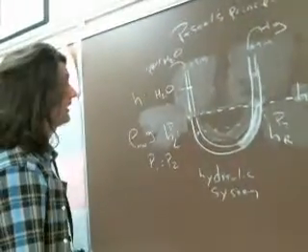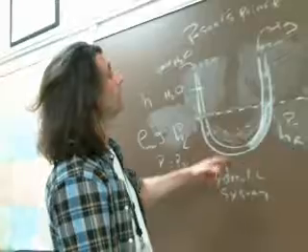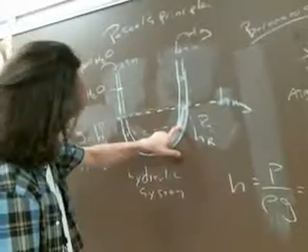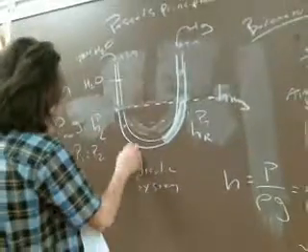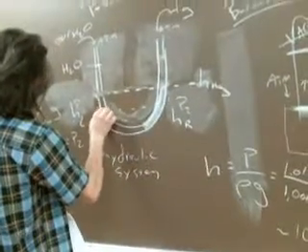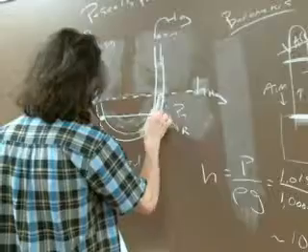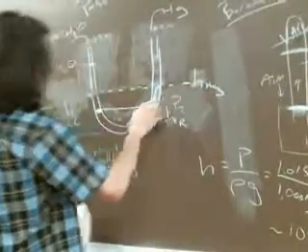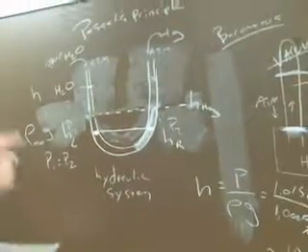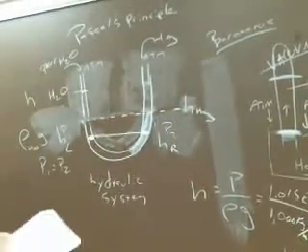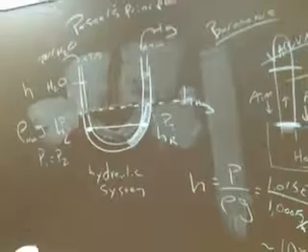And what I can say is, well, gosh, the sum of the pressures at any one location is equal to the sum of the pressures at any two location. If you happen to be right there and right there, then the amount of the pressure above you is the same. Okay?